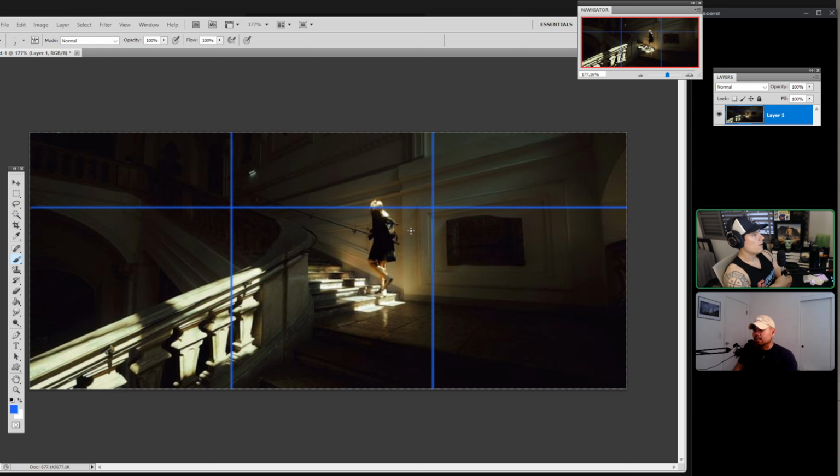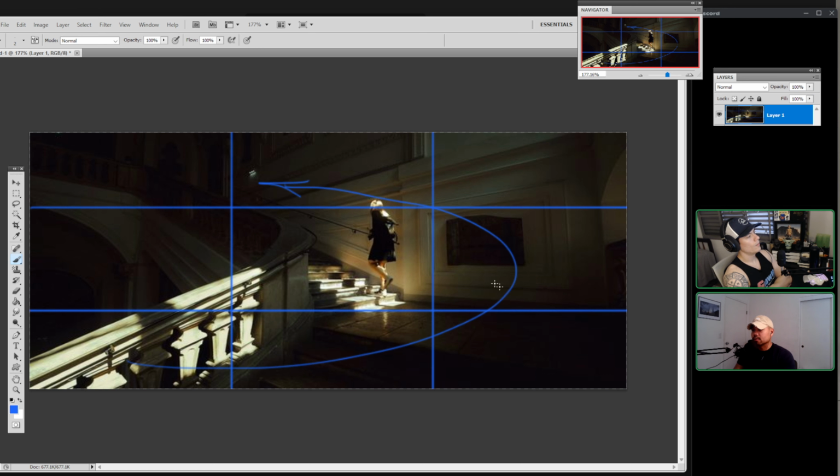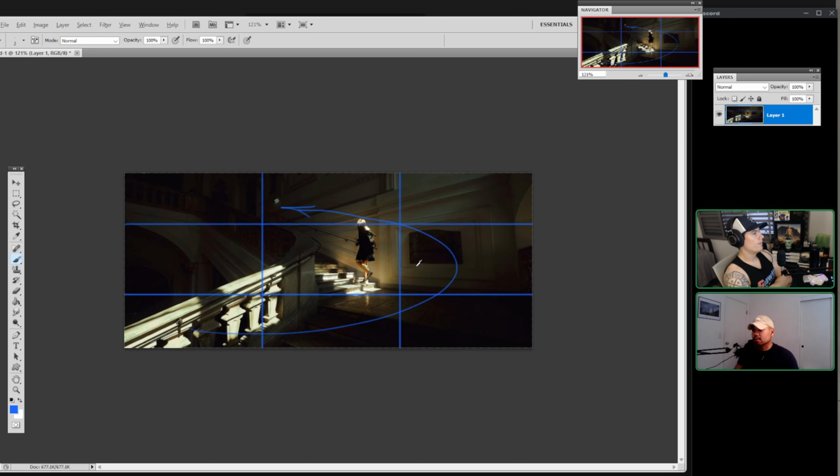And in terms of the elements, you can see how this staircase guides our eye towards the focal point here. So it's like this huge sweeping motion going this way. Has a nice gesture, nice flow.